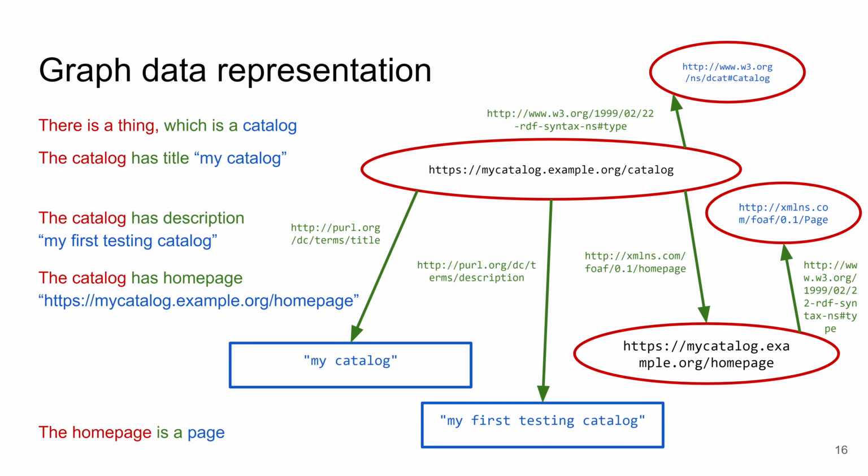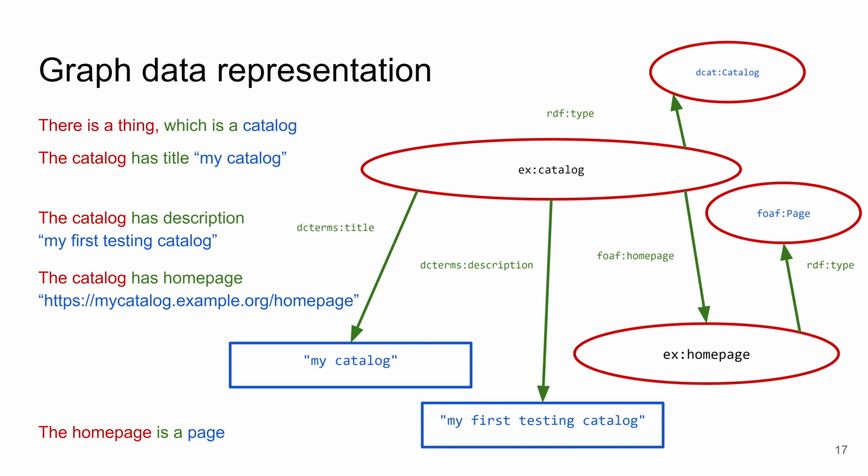Now, as you can see, with the whole IRIs in the slide, not many IRIs fit there. So the first optimization we'll talk about is so-called prefixing. What I just did is I replaced the long IRIs with a shorter variant of those IRIs. However, this so-called prefixed version of the IRI still represents the full IRI.